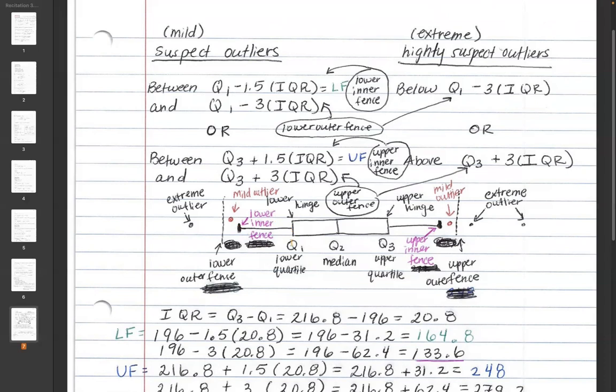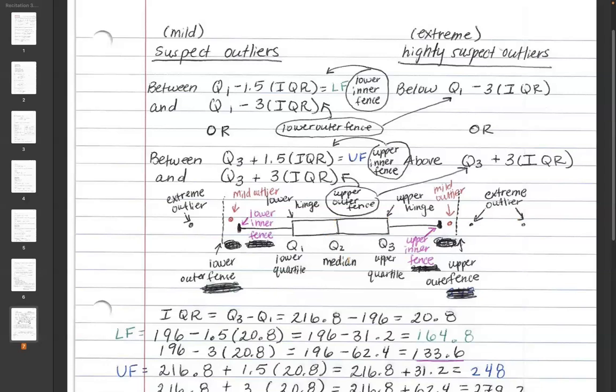The first hinge, the lower quartile, is 25% of the data, and here is 75. So here's 25% of the data. From this hinge to here is another 25%. Quartile 2 to quartile 3 is 25% of the data, and quartile 3 to the maximum value is another 25% chunk.